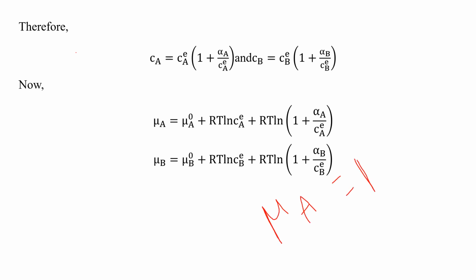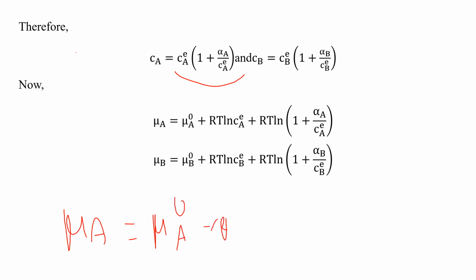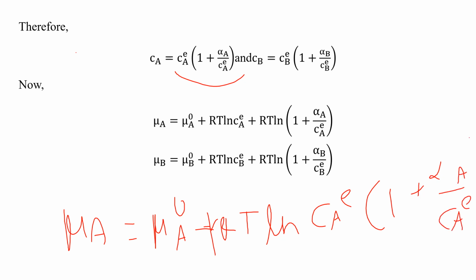So nu A is equal to nu A naught plus RT ln, instead of Ca you can write this term Cae into 1 plus alpha A divided by Cae.